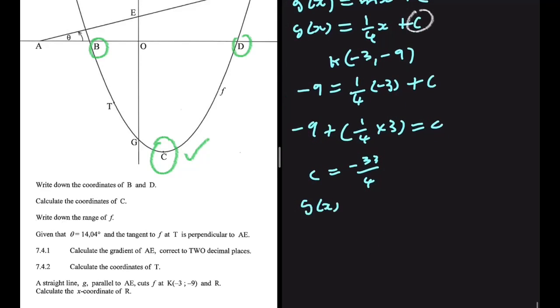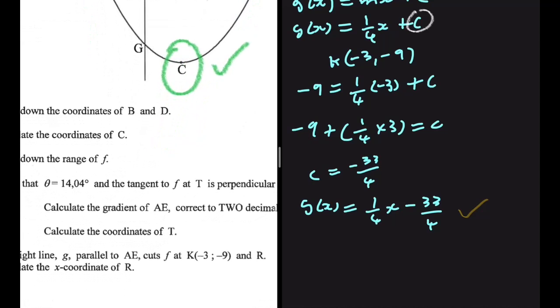So G of x is equal to 1 divided by 4x minus 33 divided by 4. We need to equate this to f of x. We're going to be able to find the two x values for which f of x and g of x touch. That is how we're going to get the x coordinate of R.